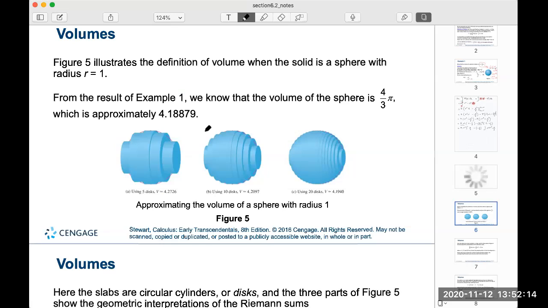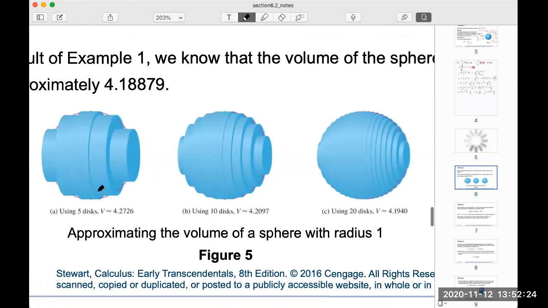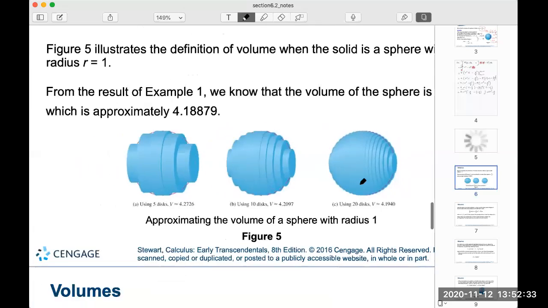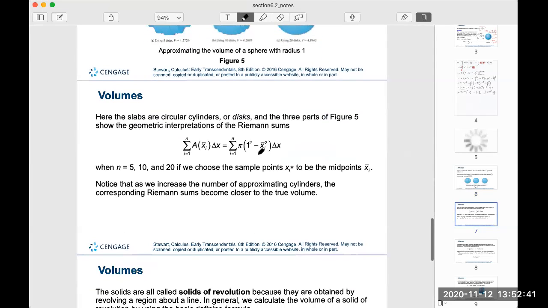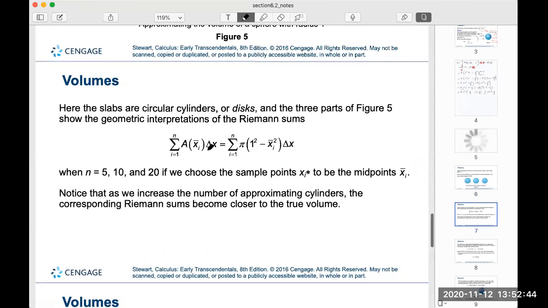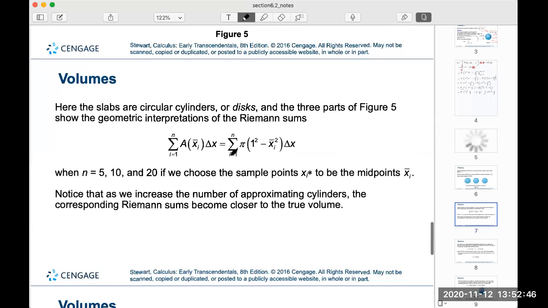And this is an illustration of our problem. The Riemann approximation of this: if the dx is finer and finer, it will become closer and closer to the real volume, right? Yeah, the Riemann sums, you can do it this way. If n becomes very large, then it will be very close to the real volume.